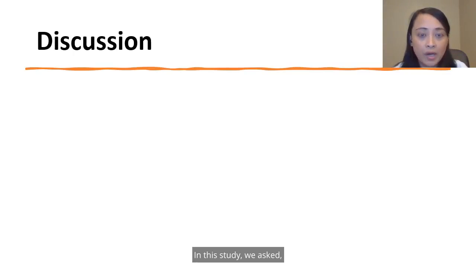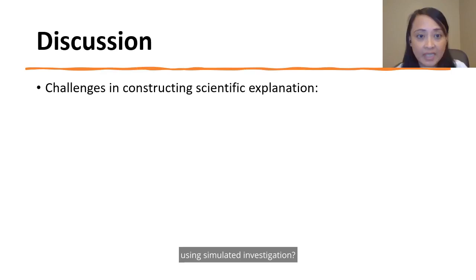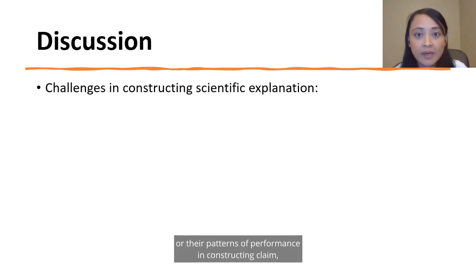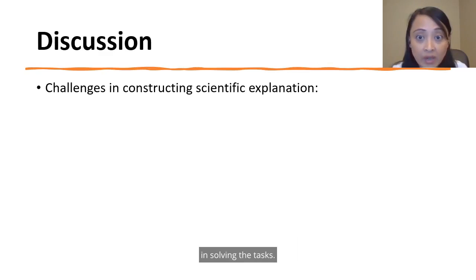In this study, we asked how students construct scientific explanation using simulated investigation. So by mapping student progression, or their pattern of performance in constructing claim, evidence, and reasoning, into different stages of scientific explanation, we were able to identify some challenges they encounter in solving the task.